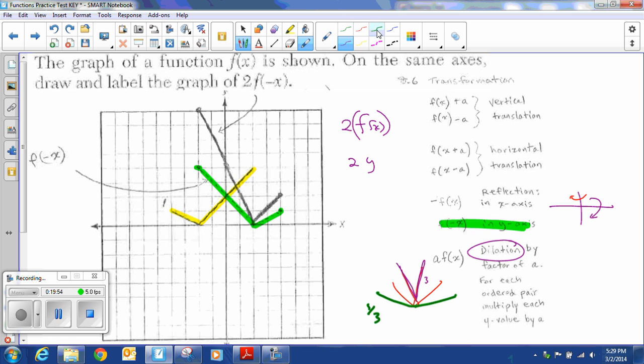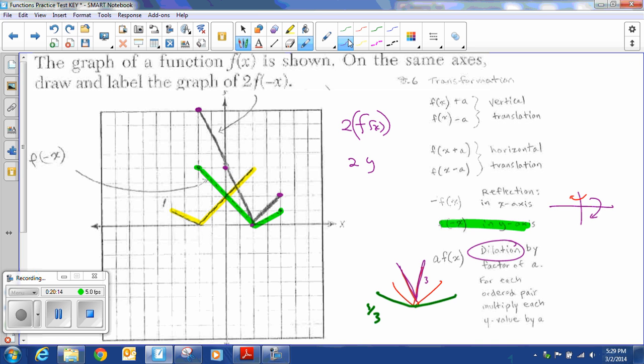It's a different color here. This y value is 0, we double that, 2 times 0 is 0, stays there. This y value is 2, it doubles to 4. And this y value is 4, and it's doubled to 8.